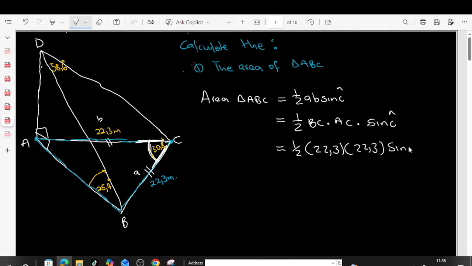This is the sine of that angle C, which is given as 50.8 degrees. So now I can just punch what I have on the calculator and see what we have, guys.